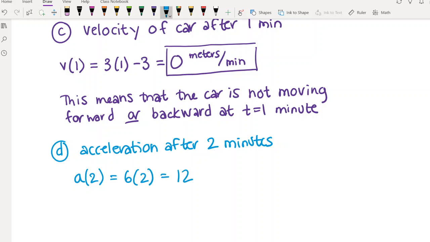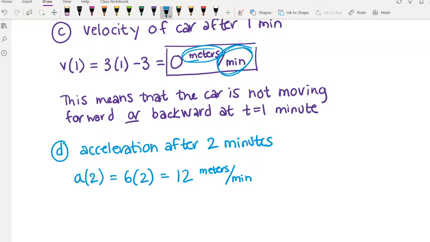And so what are the units? Well, we talked about this in the video I made, but basically you're taking meters per minute. So that would be velocity units. And then you're dividing that by minutes again, right? Because whenever you have a denominator like this, you're talking about how this unit is changing as this unit progresses.